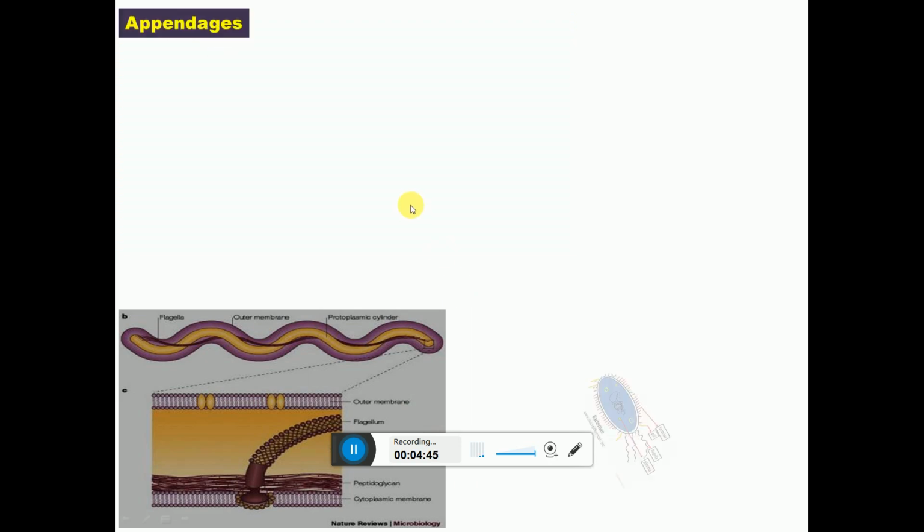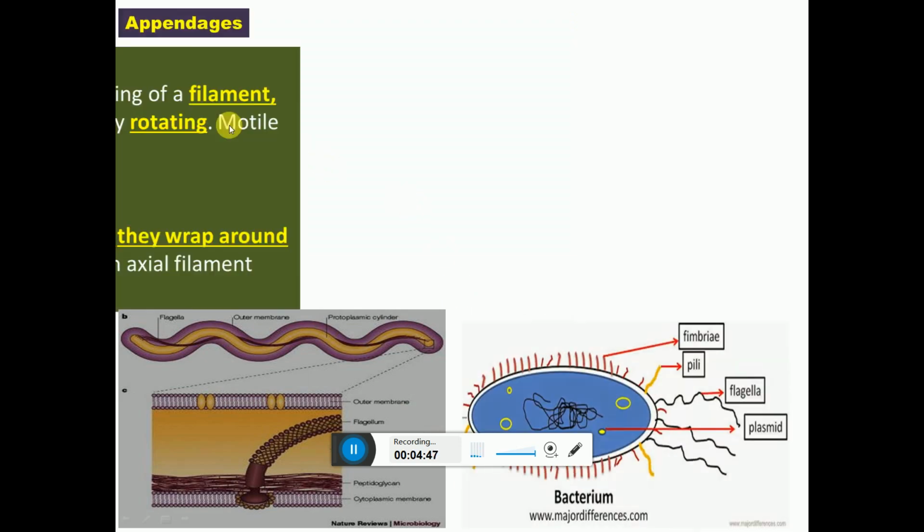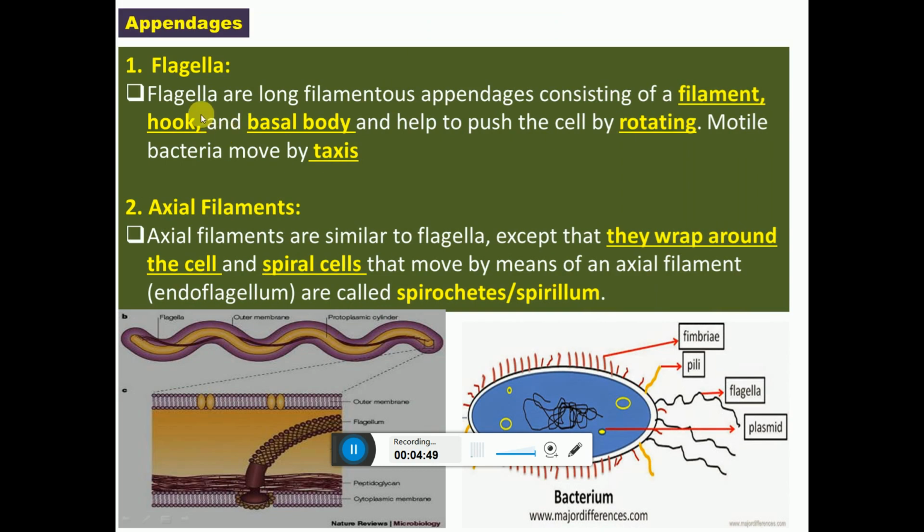Then we move to the appendages, meaning outer structures. The first important one is the flagella. Flagella are long filamentous appendages consisting of filament, hook and basal body, and help to push the cell by rotating. Motile bacteria move by taxis.